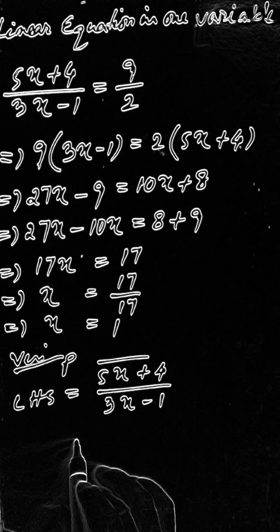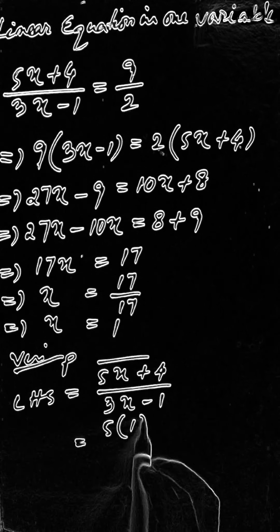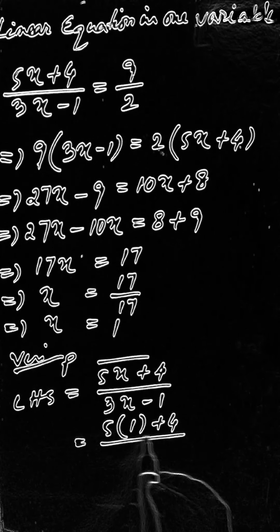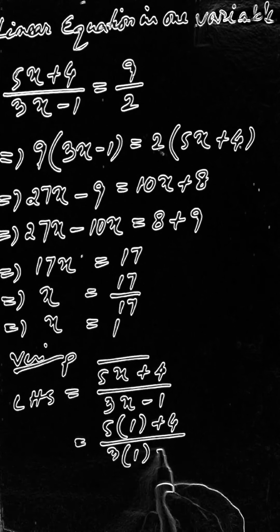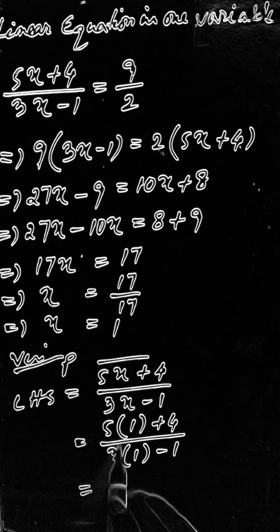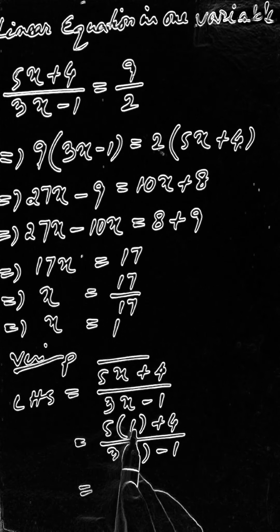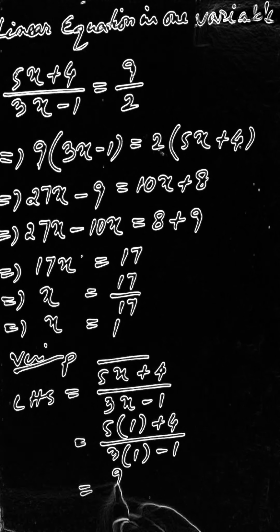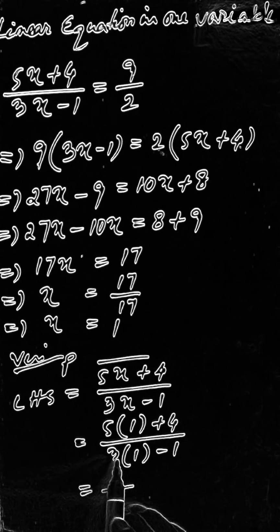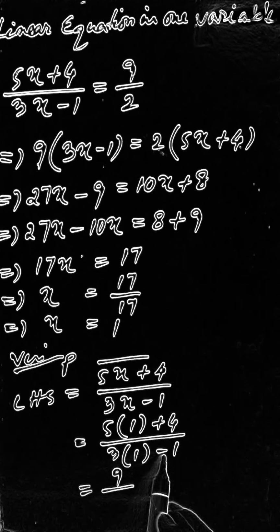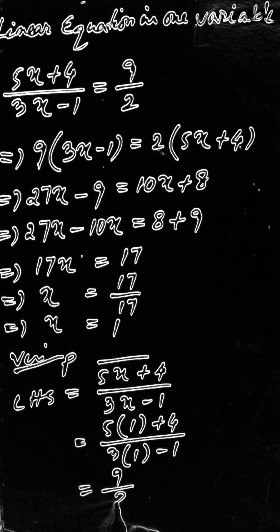So 5 into 1 plus 4, 3 into 1 minus 1. So we'll get here 5 into 1, 5. 5 plus 4, 9. 3 into 1, 3. 3 minus 1, 2. So we get here 9 by 2 on the left hand side.